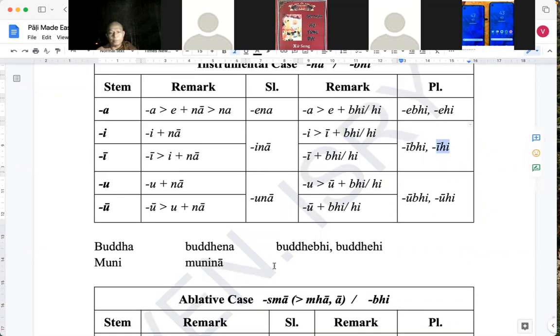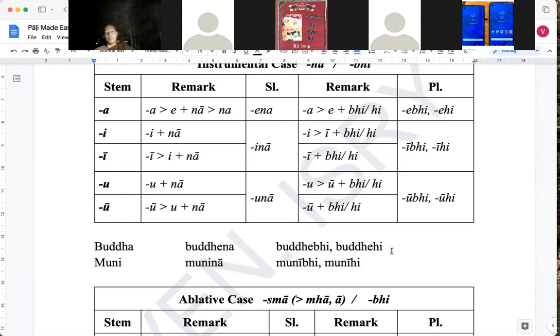So two forms. So Muni Bi, and then Muni Hi. So Muni Na, Muni Bi, Muni Hi.